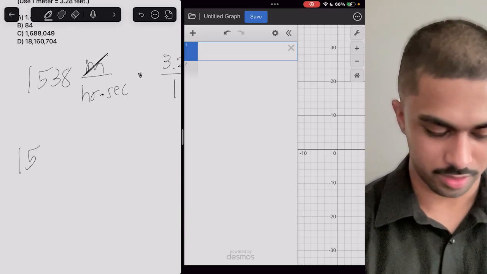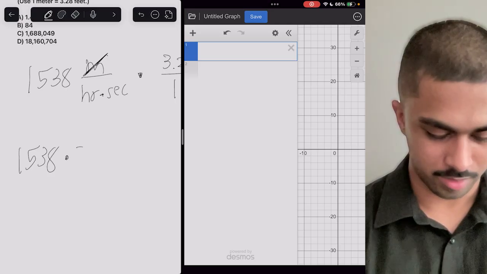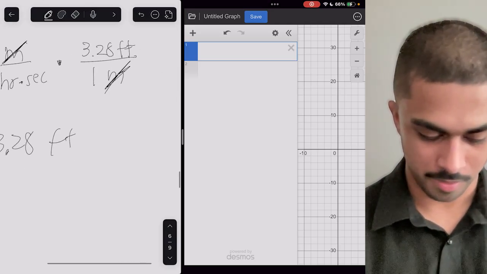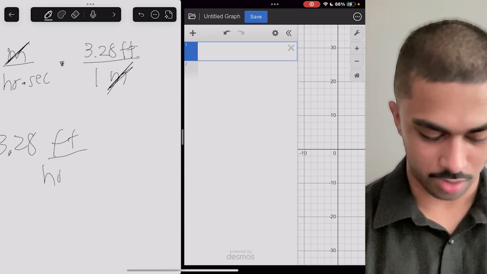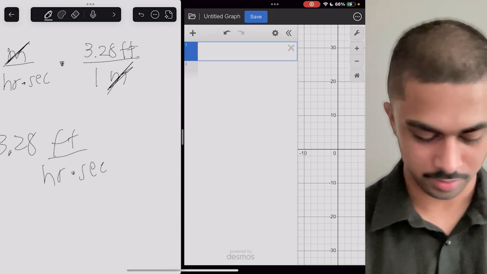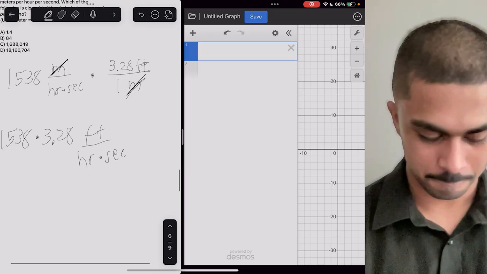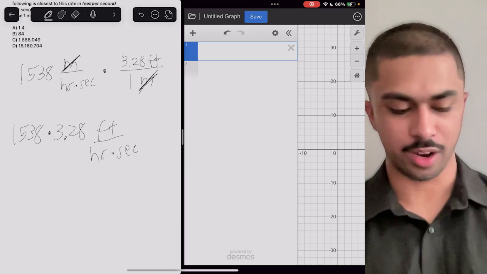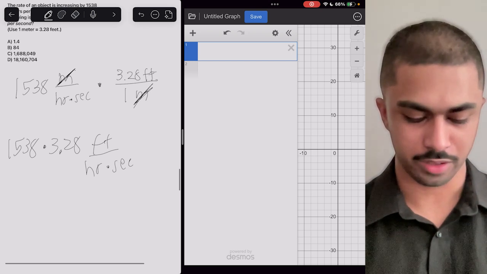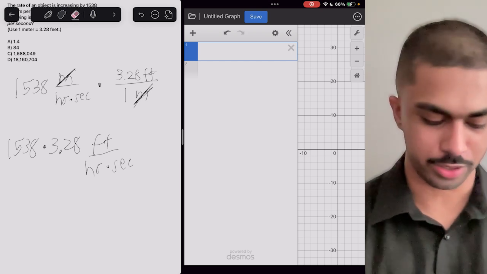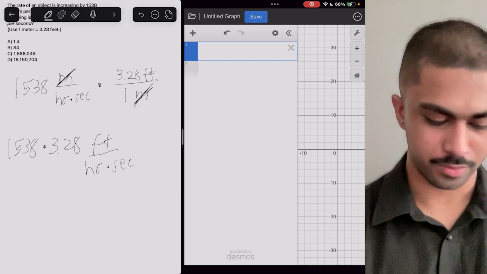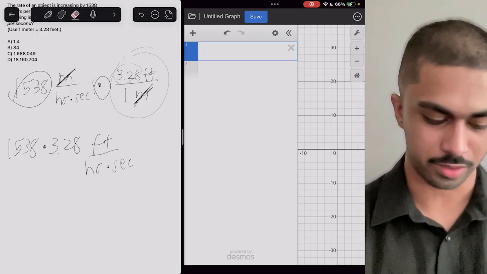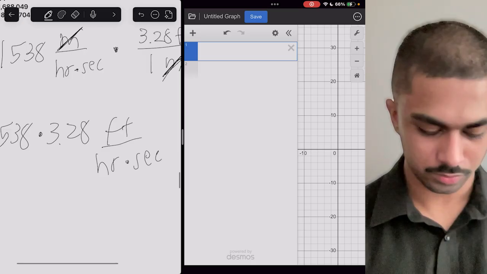Okay, 1538 times 3.28 feet over hour times second. That's it. So this is our new fraction when you just convert it into feet. These two numbers get multiplied because we multiplied this fraction.